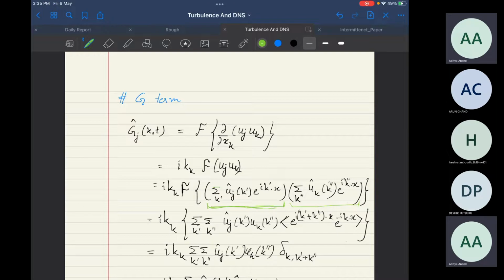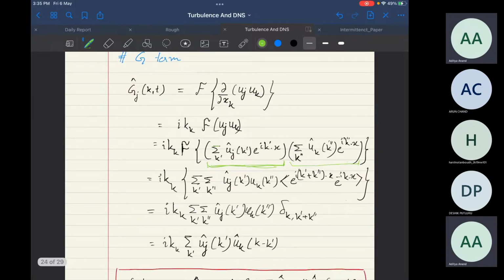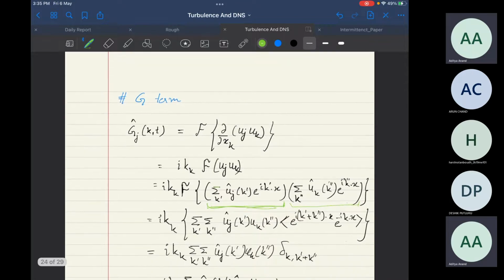Now, when you take the Fourier transform of something, let's say you have a function a(x). If you take a Fourier transform of it, you multiply it with e to the power i k dot x, sum over all k, and you get the Fourier transform of this as a(k).